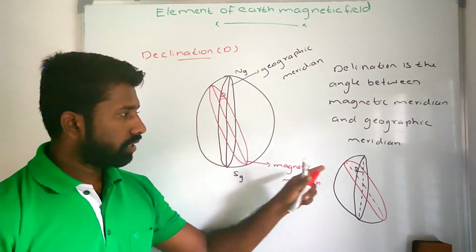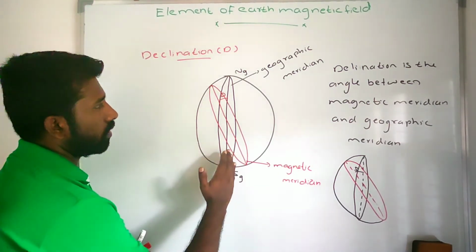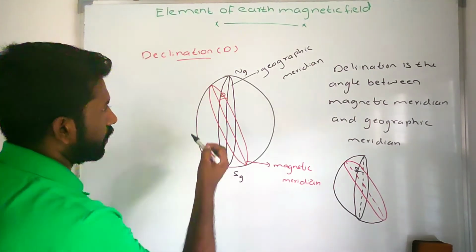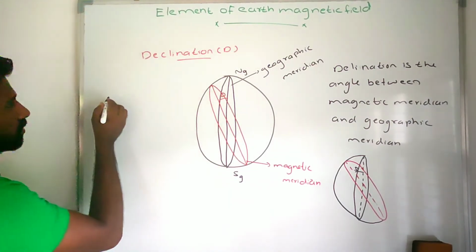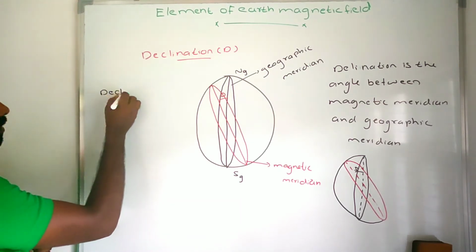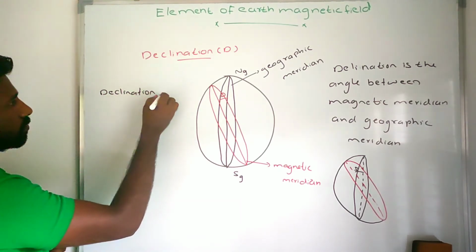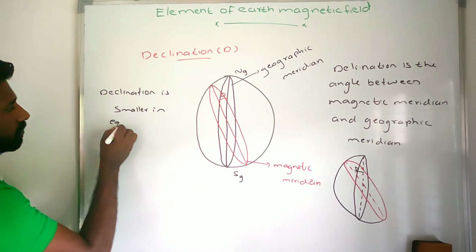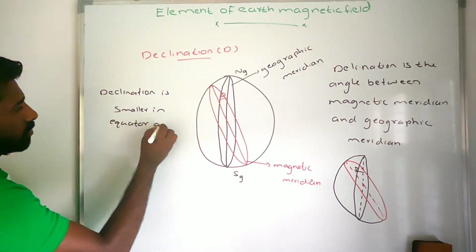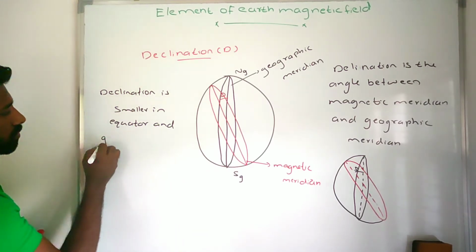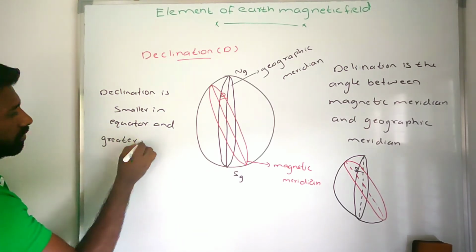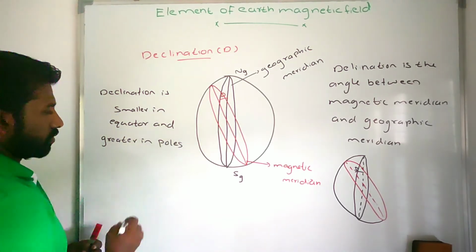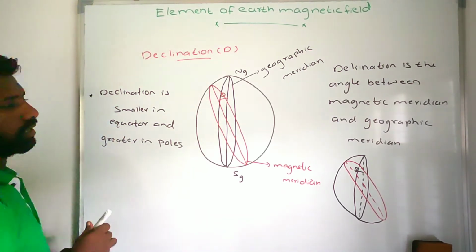The declination value increases as we go to the poles. So we can say that the declination is smaller at the equator and greater at the poles. This is about the declination.